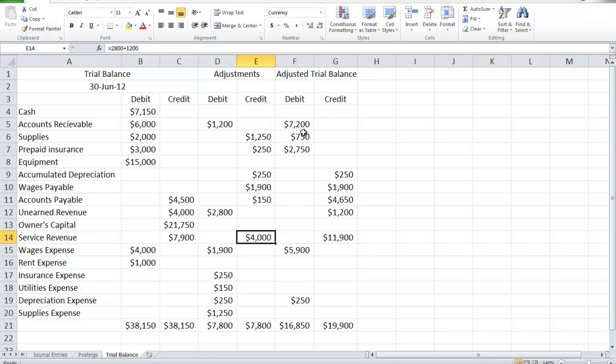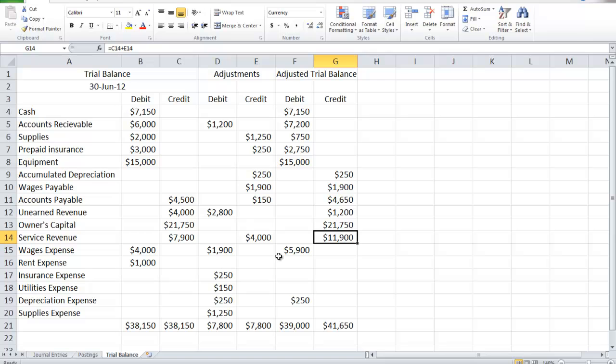Now all I need to do is add all the other balances across to make sure everything is the same. So we did cash, now equipment, okay, accumulated depreciation, wages payable, accounts payable has been added, unearned revenue has been adjusted, owner's capital has not, so we add across there.